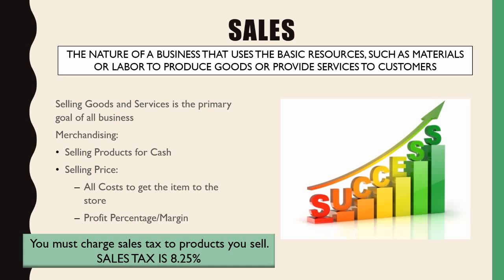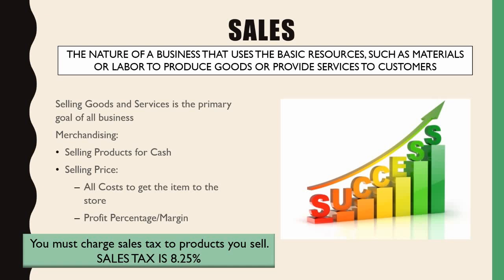Earlier in the previous years it was 8.25% in the county of Summerlin. But if you go into Henderson or Reno, obviously it's going to be a little different. I believe it has changed slightly, I believe it's 8.375% if I'm not mistaken.